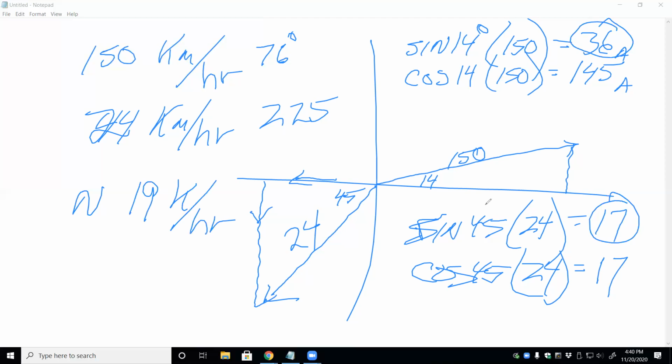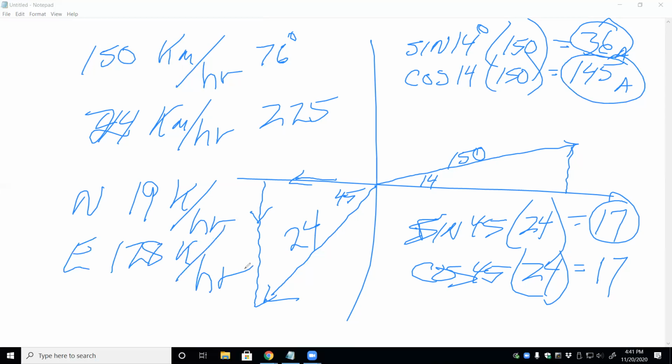And the net easterly direction is going to be 145 minus 17 because they're working against one another. So 145 minus 17 is 128. So easterly, we have 128 kilometers per hour.